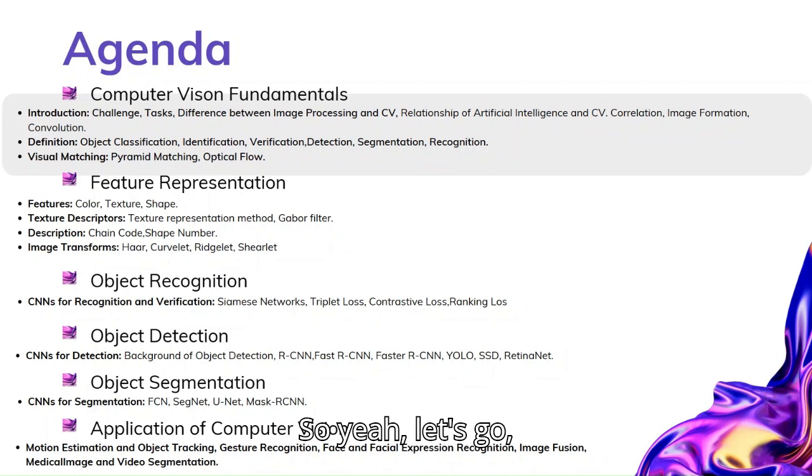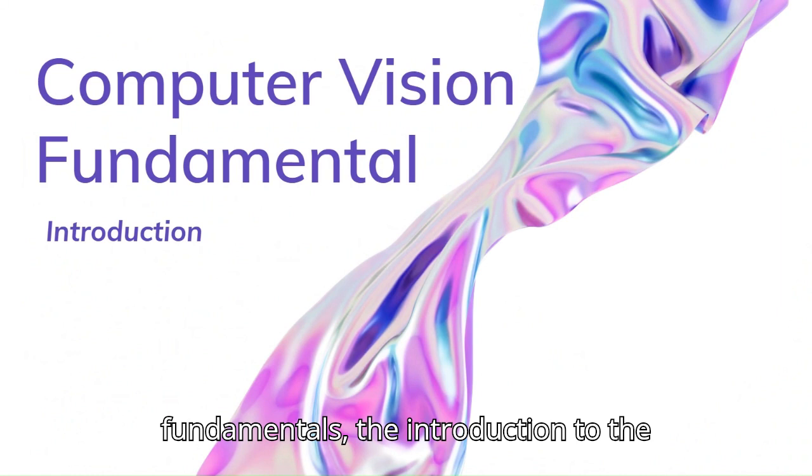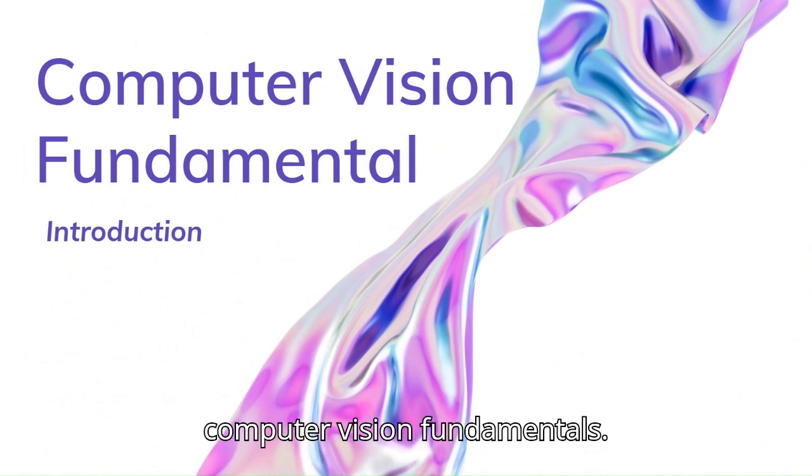So yeah, let's go and see the very first chapter of our computer vision course. First we are going to look at the fundamentals, the introduction to the computer vision fundamentals.